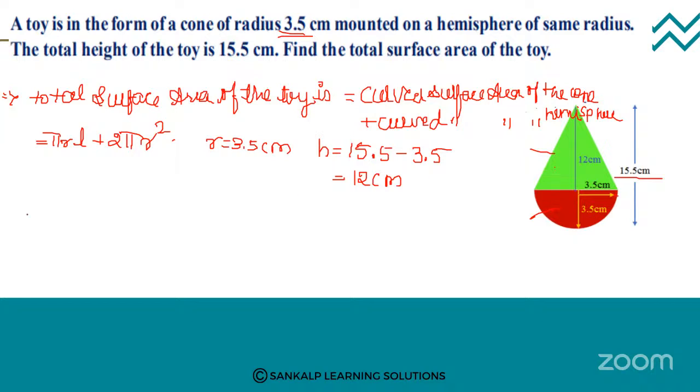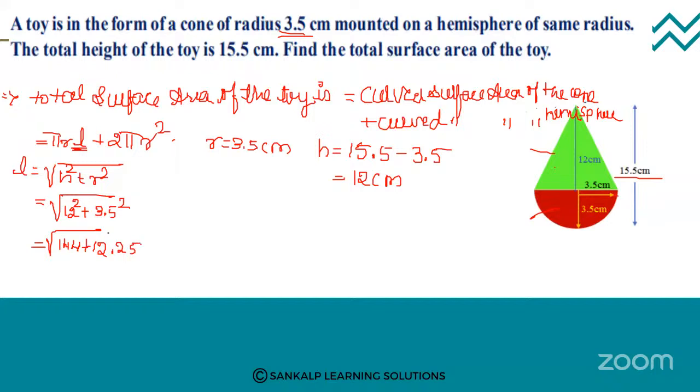H. Now, here pi R L is there. L means slant height, right? So here they have not given the L value, but we know the value of R and H. In that condition, we need to use L is equal to square root of H square plus R square, right? Then we can find out the value of L. So H square is 12 square plus R square is 3.5 square. 12 square is 144 plus 3.5 square is 12.25, right?